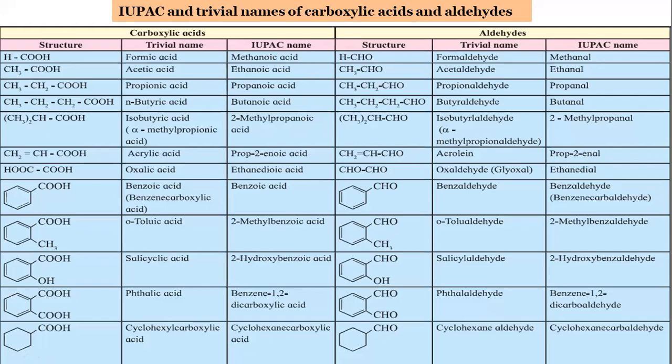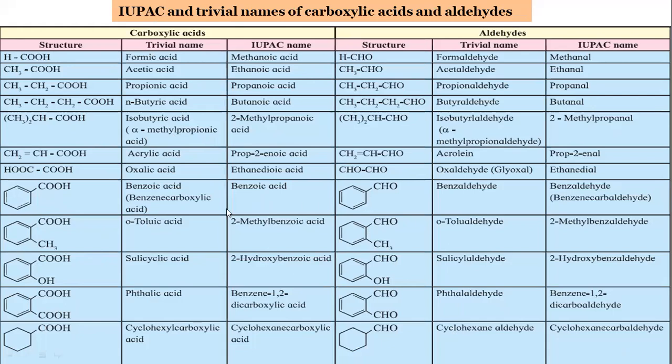Means the structure will be given and we have to write the name, or the name will be given and we have to write the structure. So you can go through the chart at your home because it is not possible to discuss all the IUPAC names and common names here. You can read at your home, and if any doubt is there, you can ask me, I will explain.